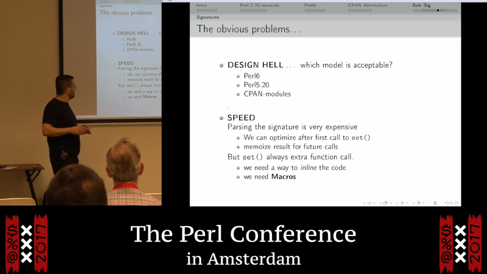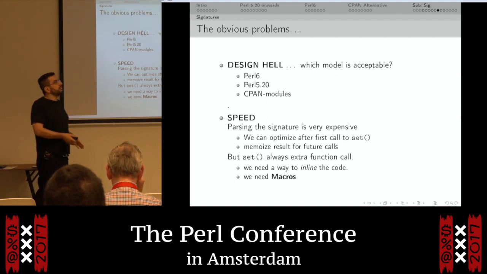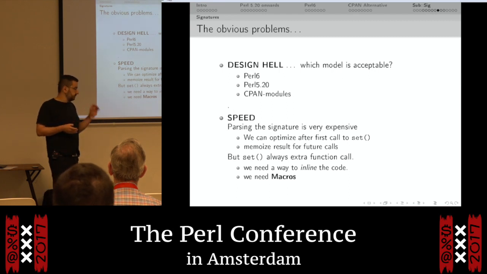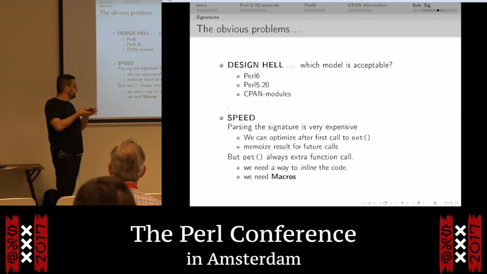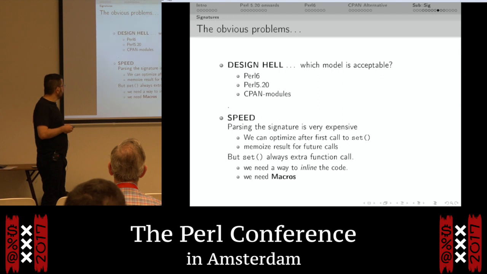But there's one thing we can't get away from, is that set is always an extra function call, which means if I'm calling a function 1 million times, and it's just, I don't know, assigning 2 or 3 values, the set will take 50% of the time already. This is something which is for some people not really acceptable. And at this place we would need a way to inline the code.